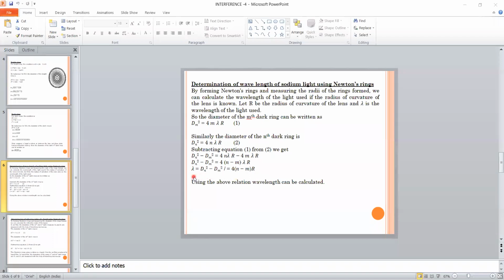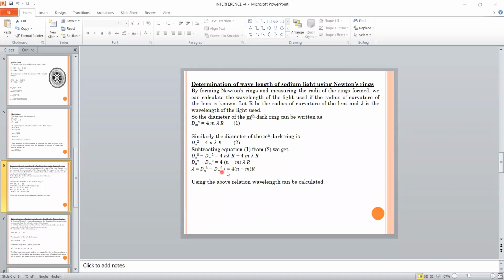In problem point of view, they give the n value as 2, m value as 1, or 4 and 8, something like that. That means the diameter of the 8th dark ring, the diameter of the 6th dark ring, like that. So simply here n value is 8, m value is 6.